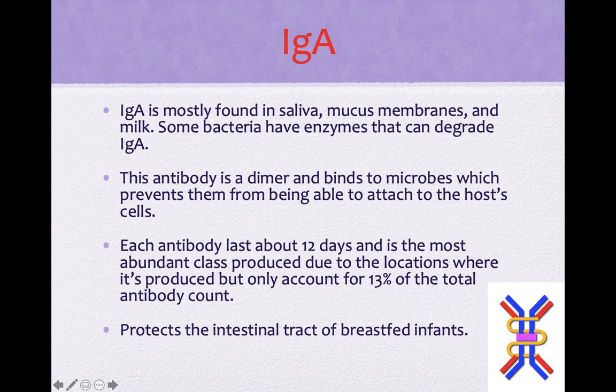Anyway, they last about 12 days or so, and they're abundant in eyeballs, nasal mucus, and things like that. They are spread through breast milk, like I mentioned, so they can keep breastfed infants slightly protected from gastrointestinal pathogens and things like that. Same concept as that IgG through the placenta, but through breast milk instead.